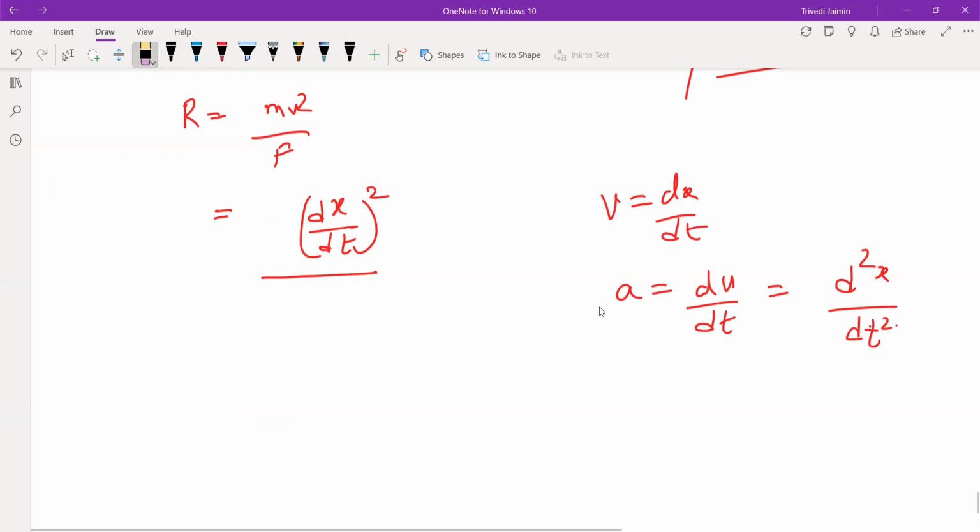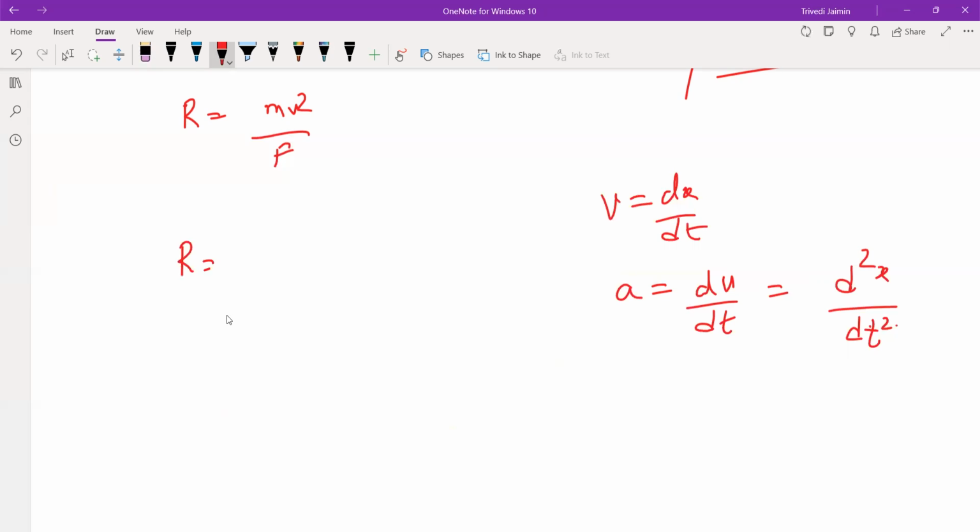So I can directly write here r equals 1 plus dy or dx, whatever.